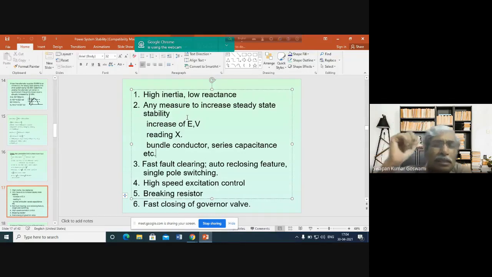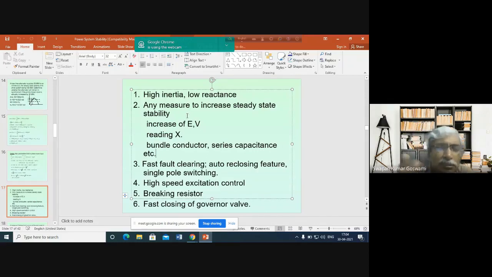Now assume that a fault is occurring at the terminal of the capacitor at end A. So a current will be flowing. What will be that current? It is the voltage divided by the total reactance. But if a fault occurs at the other end of the capacitor, at end B, the fault is somewhat at the far end of the capacitor.